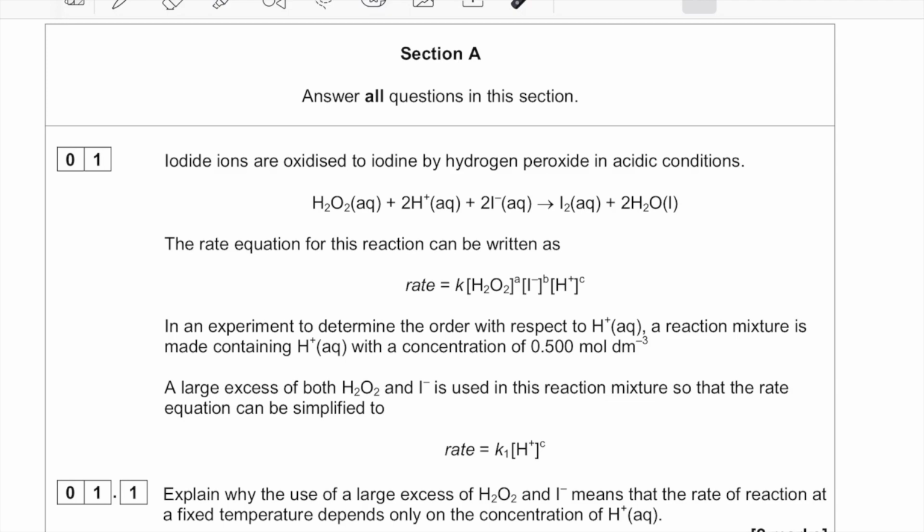Now the key point here to appreciate is this large excess, because that's going to explain why we can go from this to this.